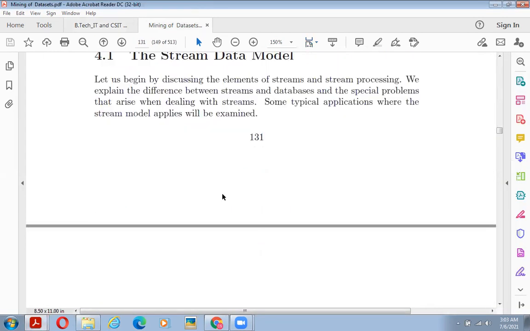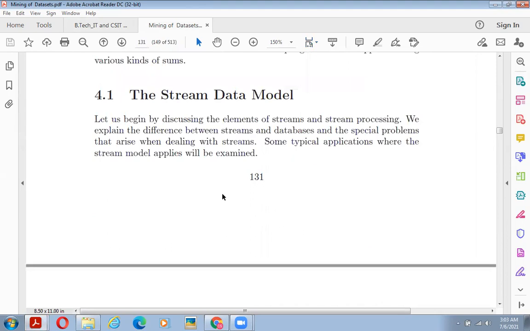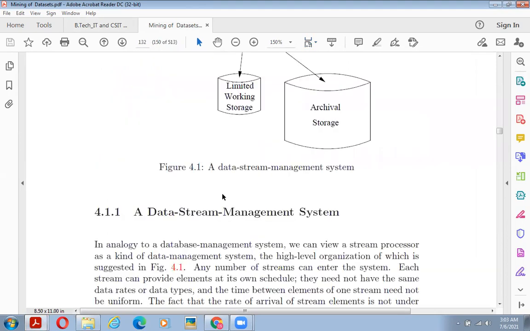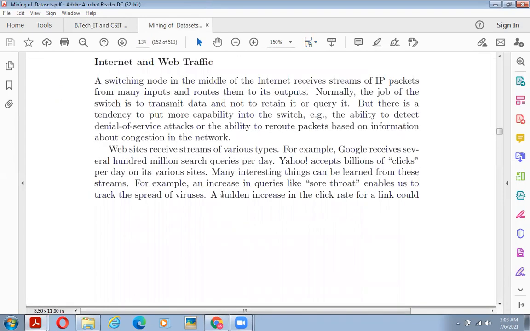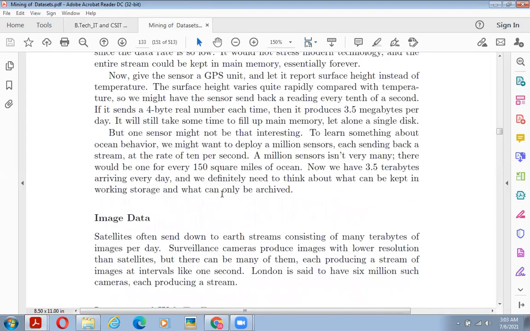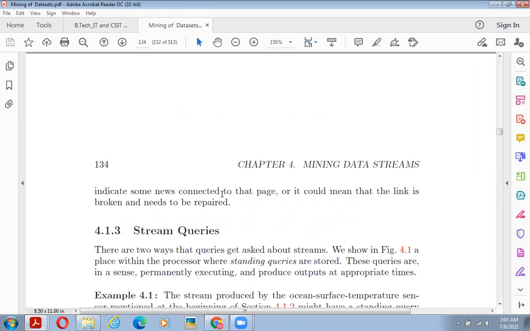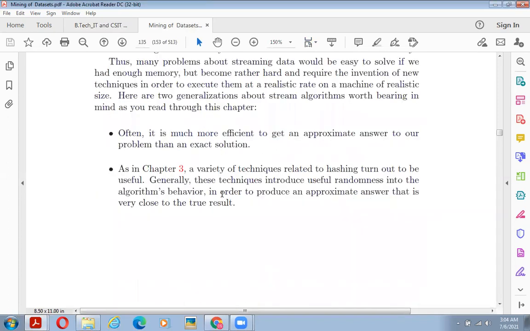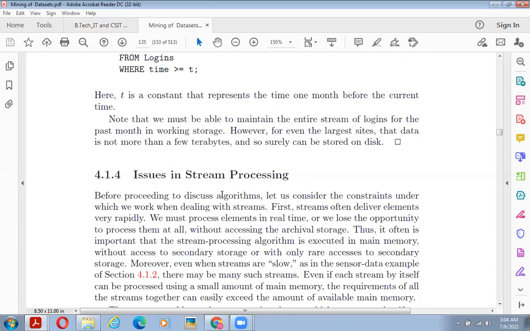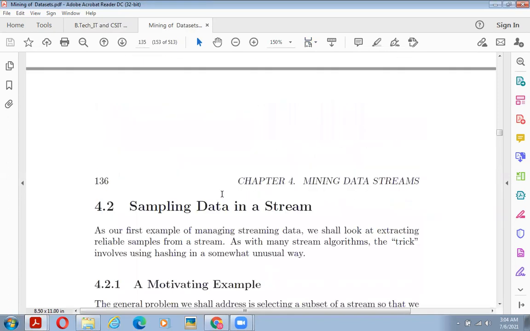We have gone through the stream data model, stream data management, and examples of it. Three examples: sensor data, image data, and internet and web traffic. We have understood what stream queries are all about, and the issues in stream processing.